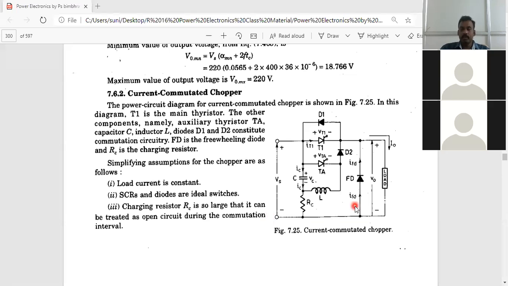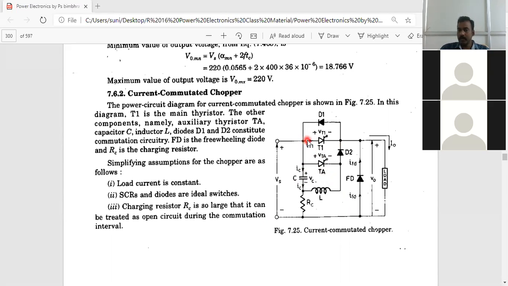So whenever we need to make the device turn off, we simply turn on this TA, the auxiliary device. Whenever TA is turned on by a gate pulse, you have this positive connected to this node and negative connected to this one.